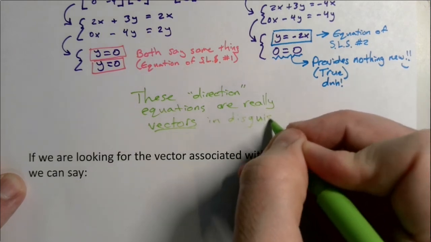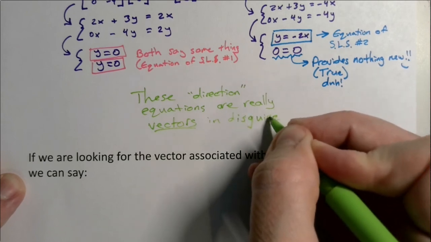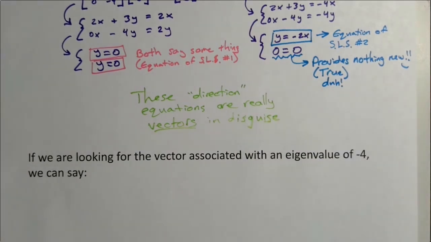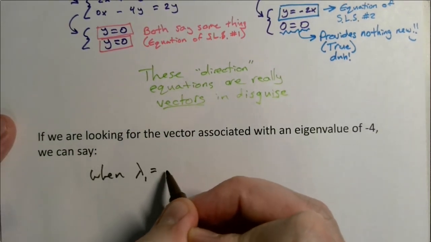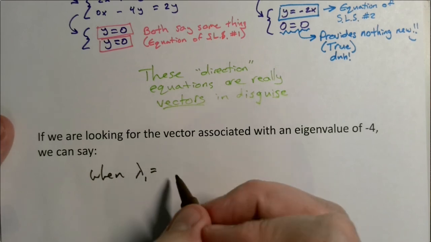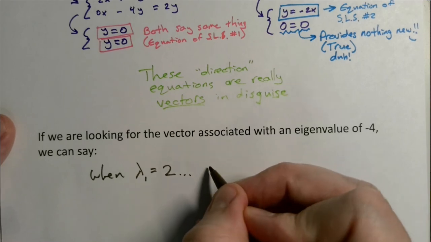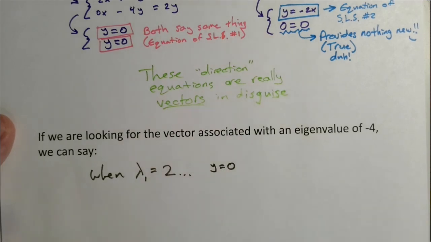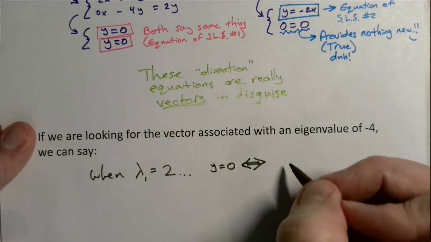Oh, looks like my marker is dying on me here. Ooh, just barely finished. So that one's dead. So it's really a vector in disguise. And so for when lambda 1 equals, what would you say? Lambda 1 was 2. For when lambda 1 equals 2, what that's saying is you had y equals 0. And that corresponds to a vector that looks like this.